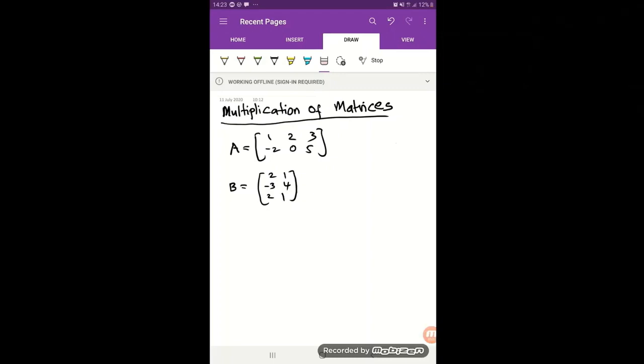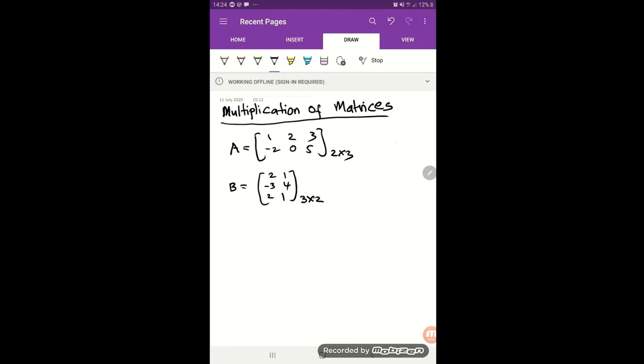Going to proceed to multiplication of matrices. The multiplication of matrices is defined only when the number of columns in the first matrix is equal to the number of rows in the second matrix. Let's say matrix A is the first matrix in order 2 times 3 and matrix B is the second matrix in order 3 times 2.